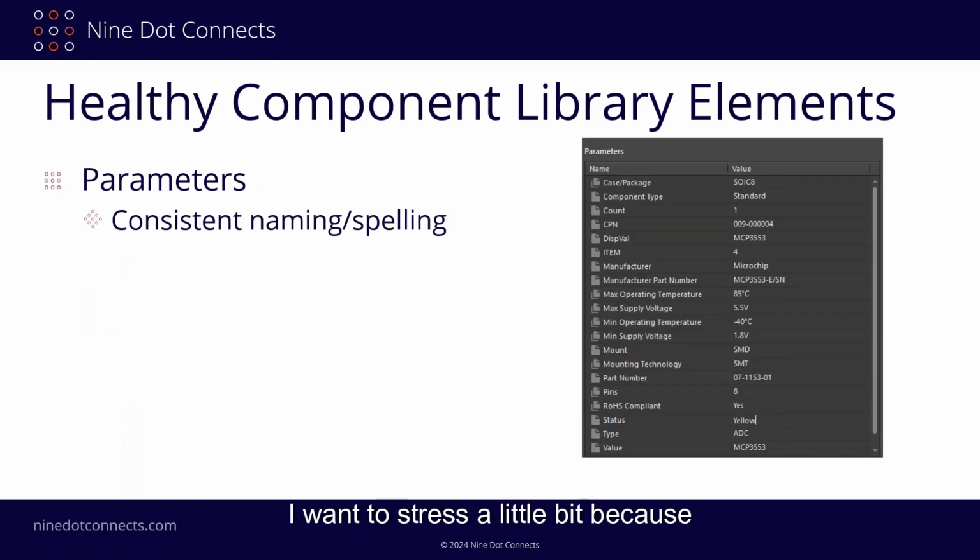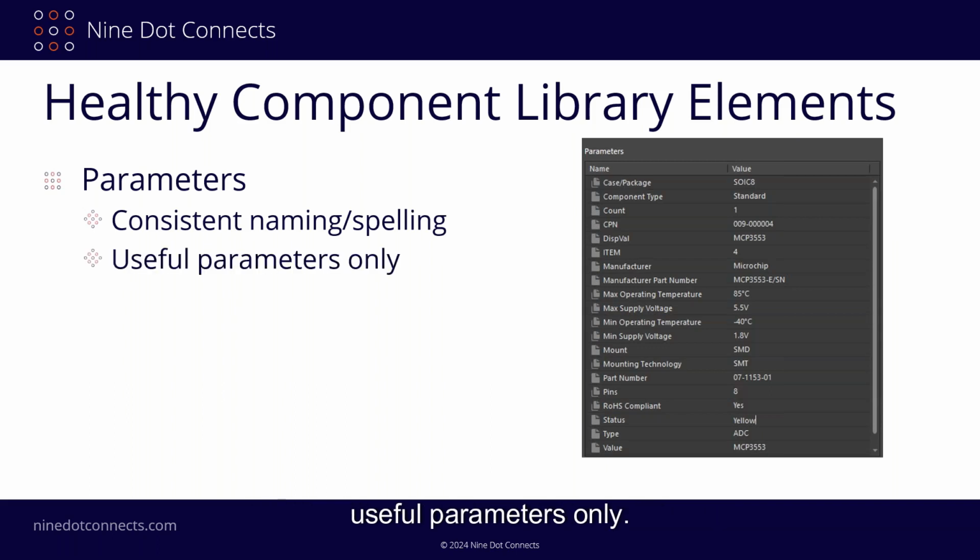Parameters. This is one that I want to stress a little bit, because parameters end up being a very big deal, and we spend most of our time working on parameters and templates with customers. The idea is to use useful parameters only. Sometimes customers come in and say they want 40 different parameters for a resistor.